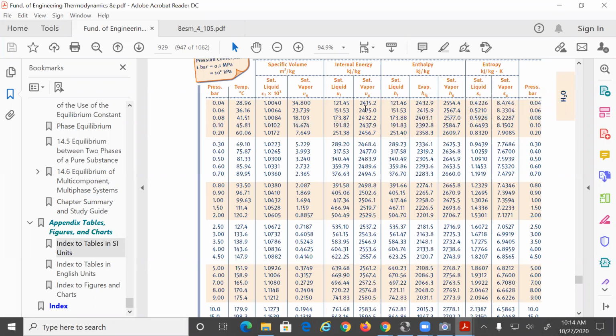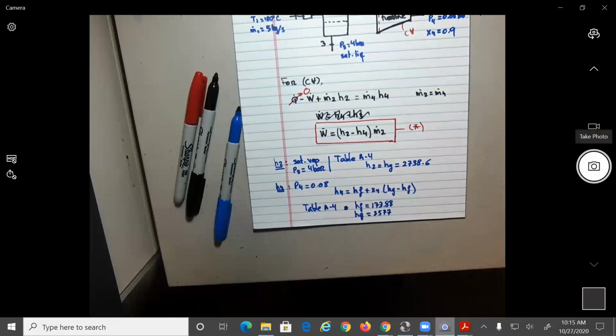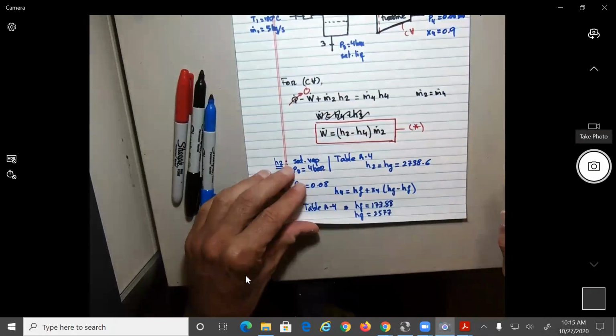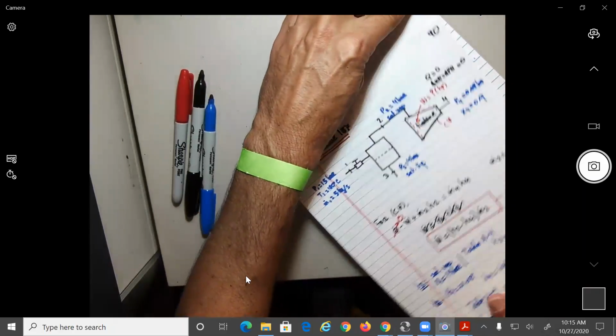So in table A4 we find that H fluid is 173.88 and H gas is 2,577. So if we substitute into that equation, what are we going to get?